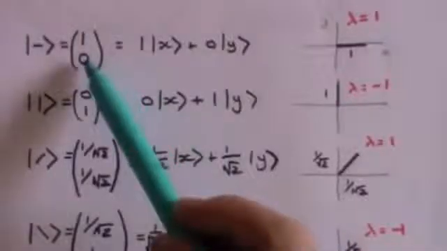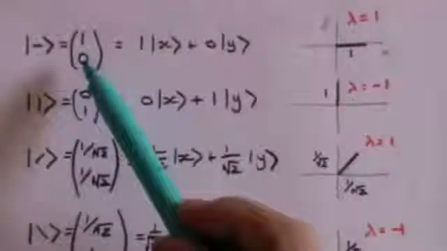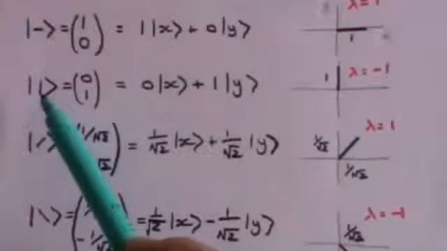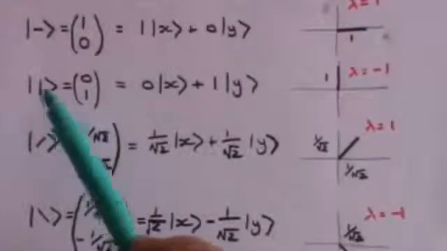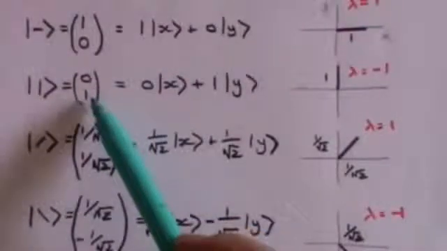And the probability of it going through a vertical polarizer will be 0 squared equals 0, no chance. Here, the probability of a photon polarized in the vertical direction going through a horizontal polarizer is 0 squared, 0, and going through a vertical polarizer is 1 squared, 100%.